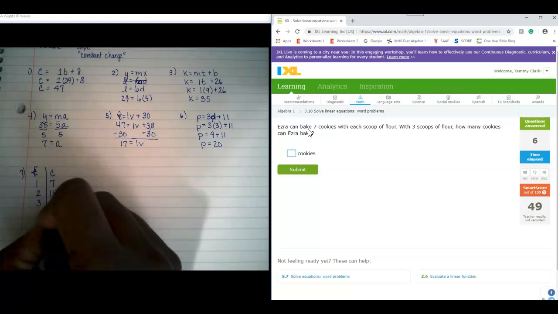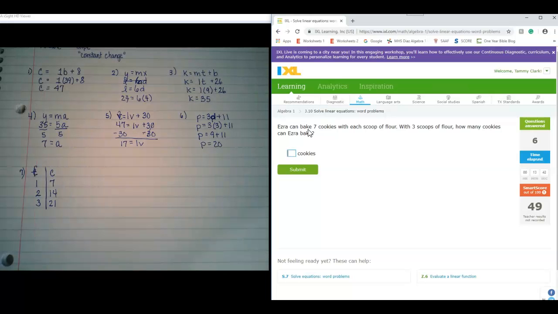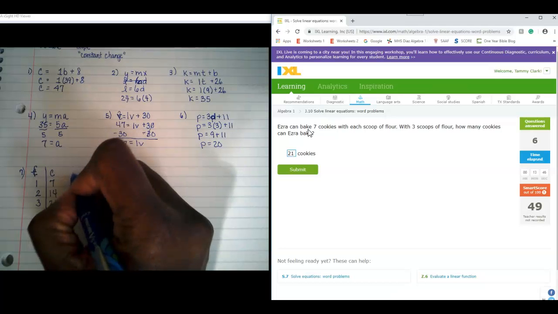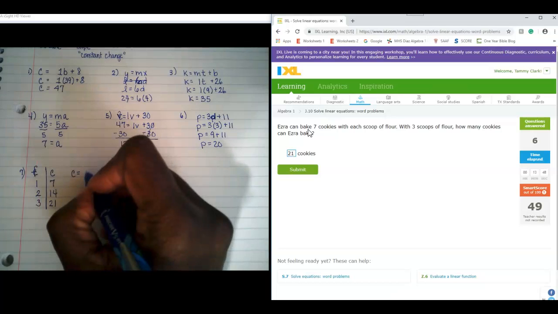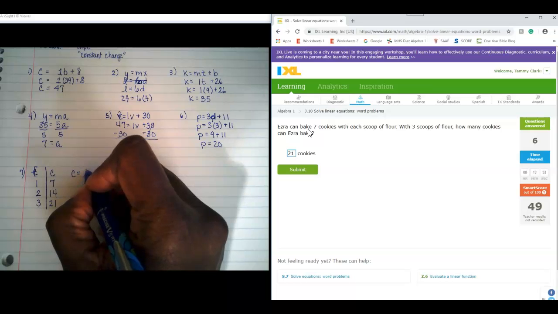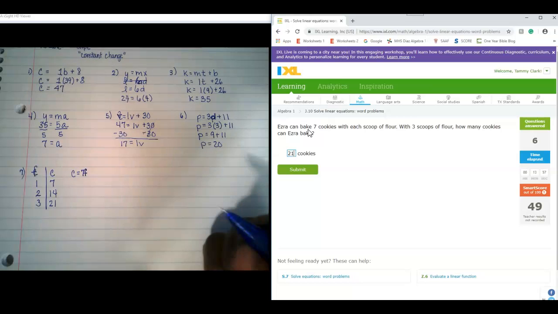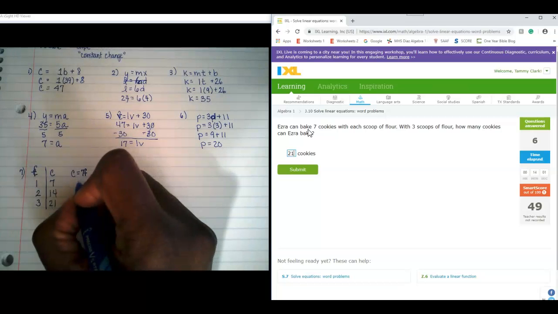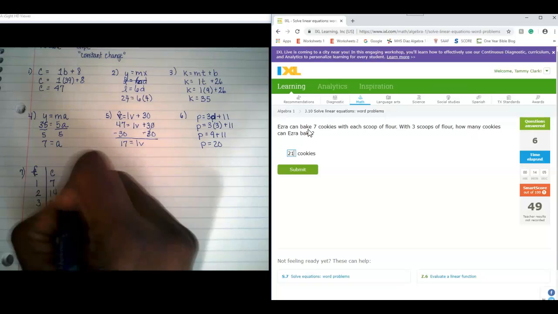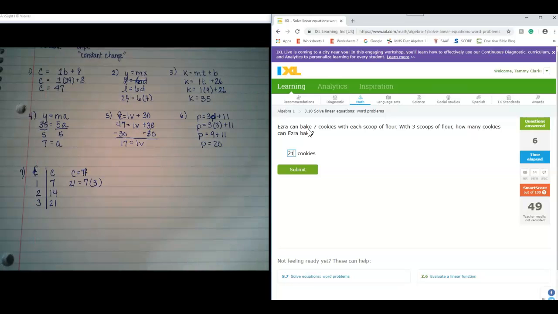For 3 scoops of flour, that's 21 cookies. So we can just put 21, or we could have said the total number of cookies is equal to the scoops of flour times 7. So if I put 3 scoops of flour, I get 21 cookies.